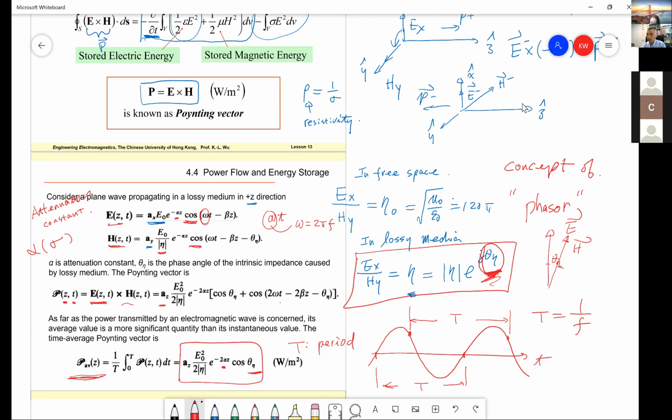The wave impedance is also a function of conductivity, and not only conductivity but also frequency.